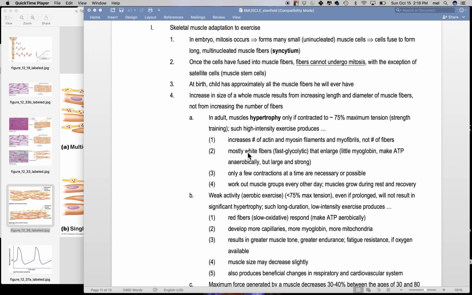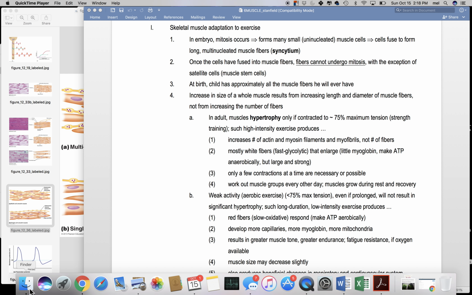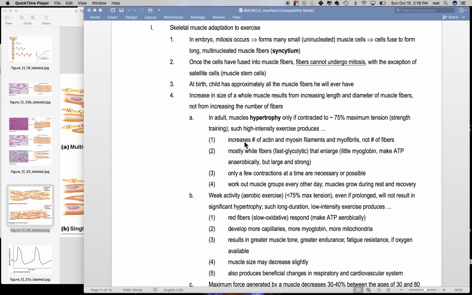Okay, so the last thing that I want to talk about is just how skeletal muscle behaves when you exercise. The thing that doesn't happen, with very few exceptions, is that you do not get any appreciable number of more skeletal muscle fibers after adulthood, because during embryonic development, mitosis is occurring, and you have all of these small uninucleated cells.